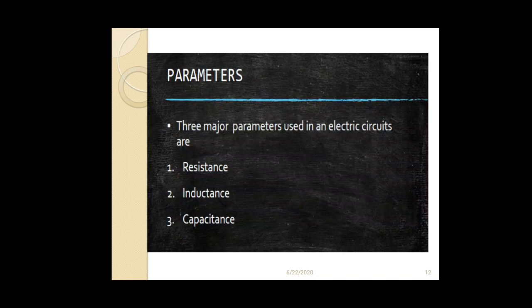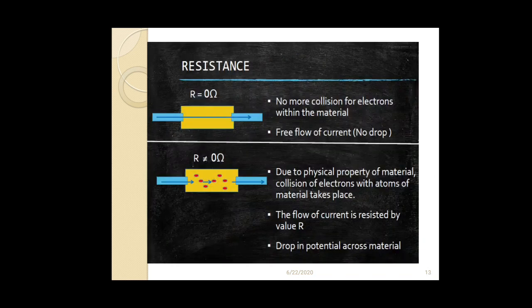The next one is basic parameters. These are three major parameters used in electrical circuits. Number one is a resistor, second one is an inductor, third one is a capacitor. These are the passive elements. We'll see one by one. Resistance is the property of the resistor.